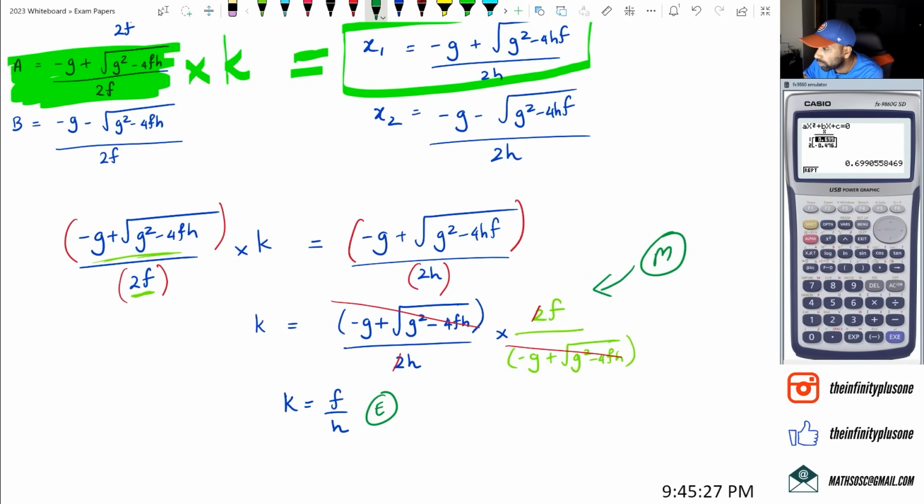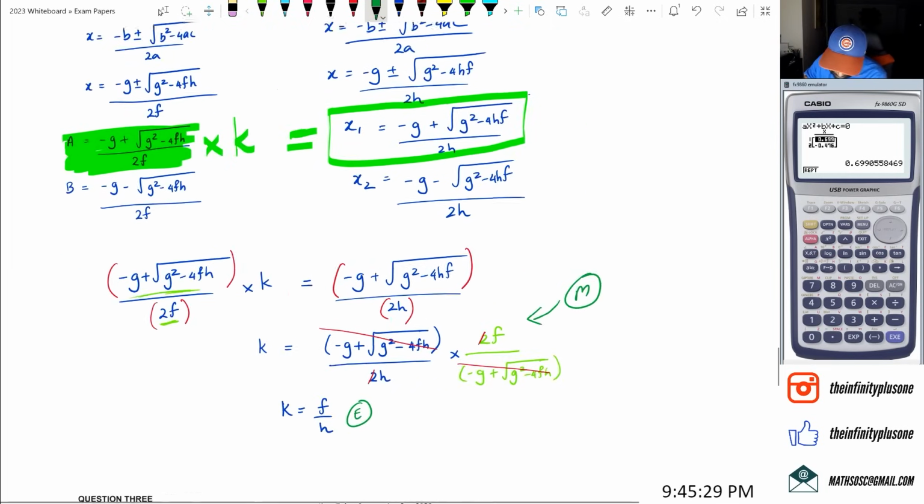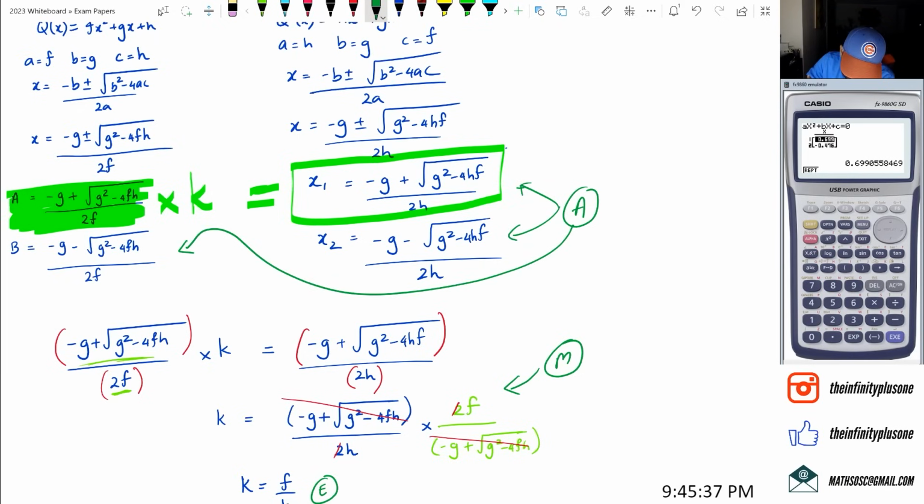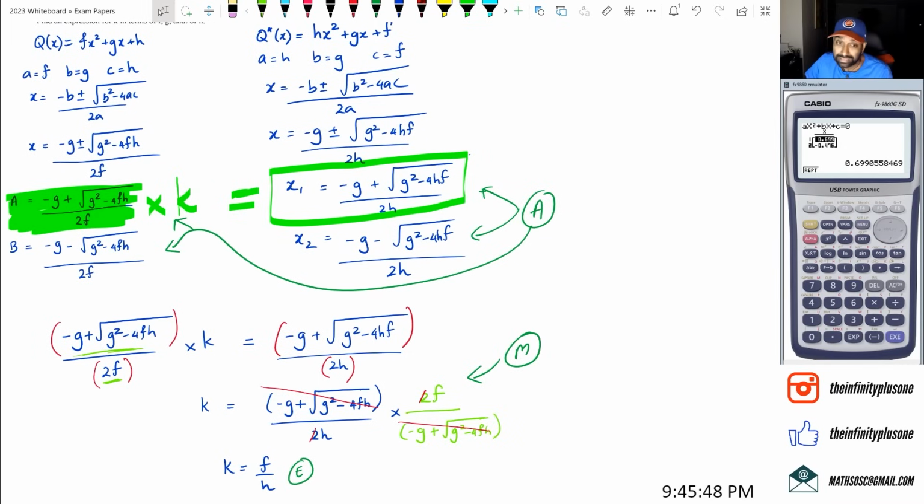Correct expressions for all four roots obtained gets you an achieved. Excellence is all the way at the bottom there. So it's a bit of an awkward question, but it does work out quite nicely in the end. But yeah, that's pretty much question 2, guys.